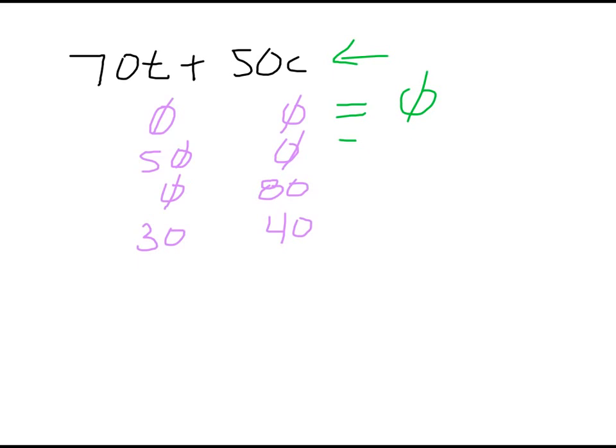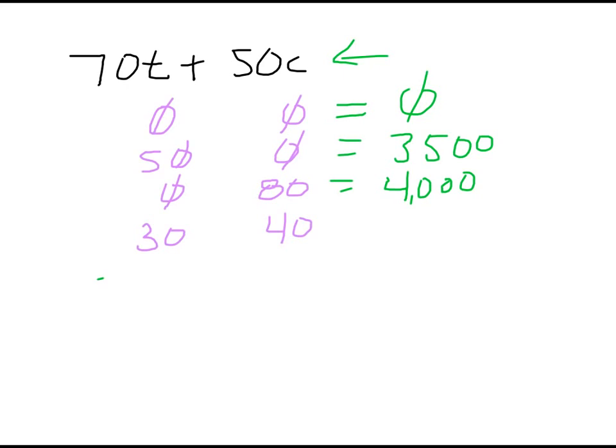If I let t equal 50, 70 times 50 equals 3,500 plus 0, so I end up with a profit of 3,500. In this instance, I let t equal 0 and c equal 80, so I end up with a profit of 4,000.